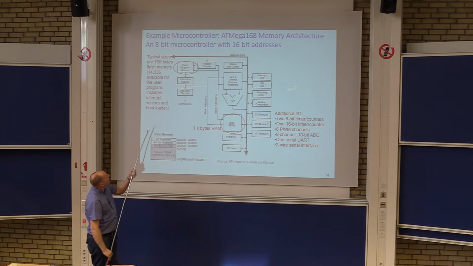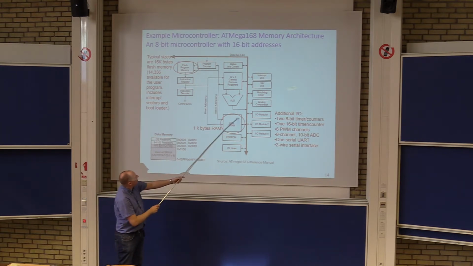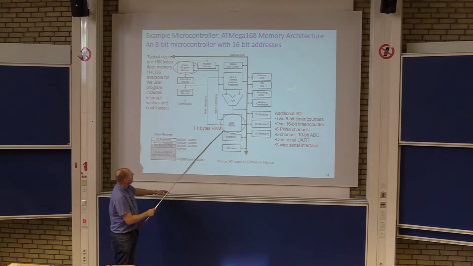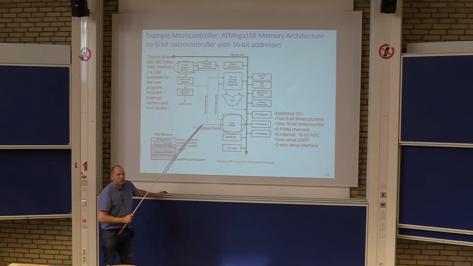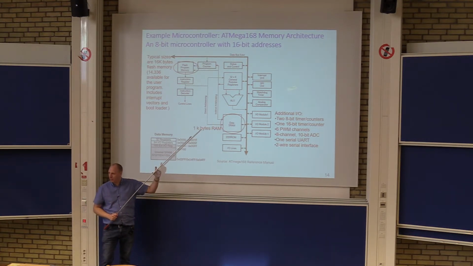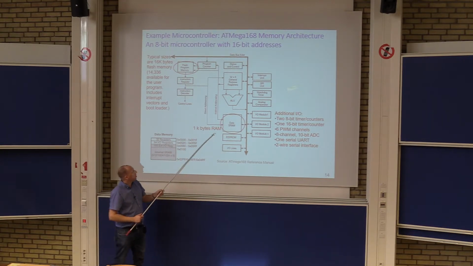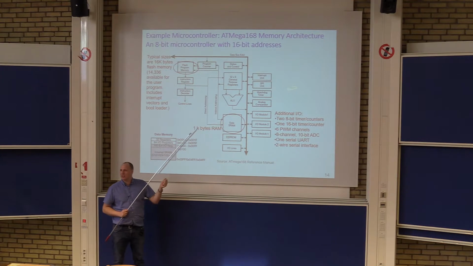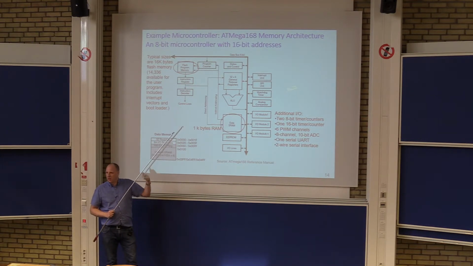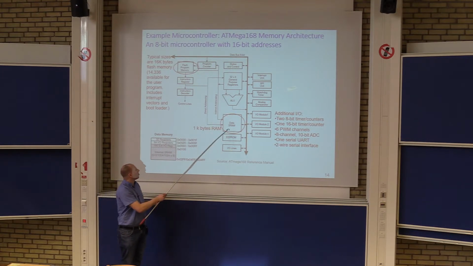What else? Inside this main memory, you will have the program itself that you have written. You will also have the variables that you need for executing the program. So they will also be stored here.